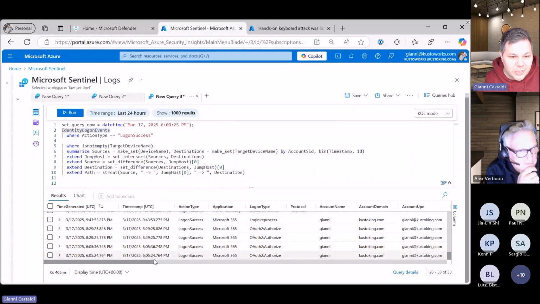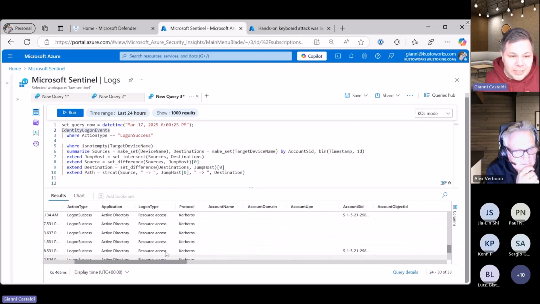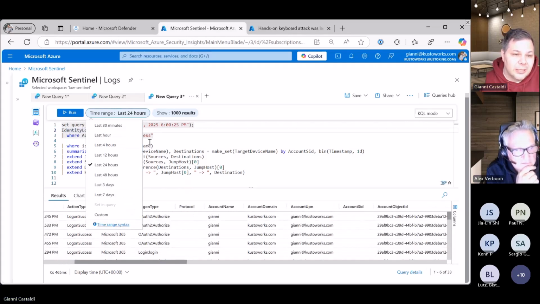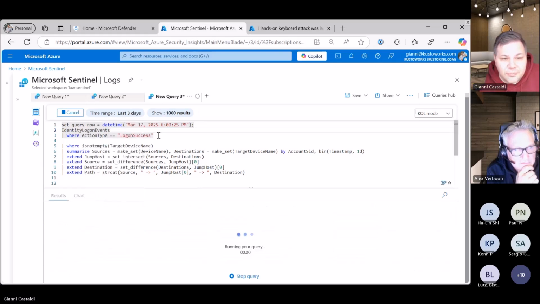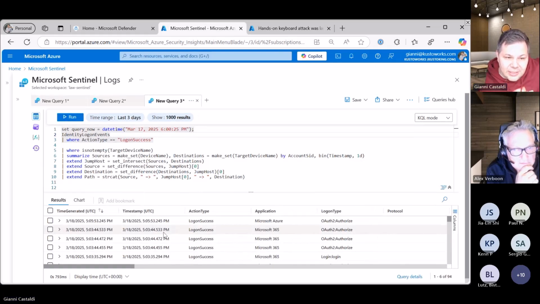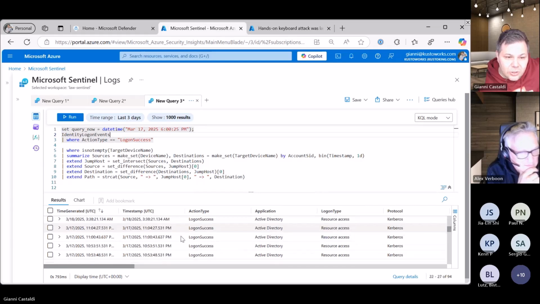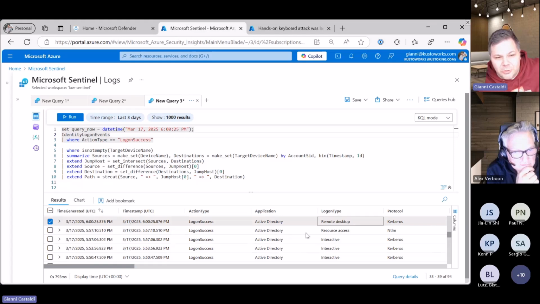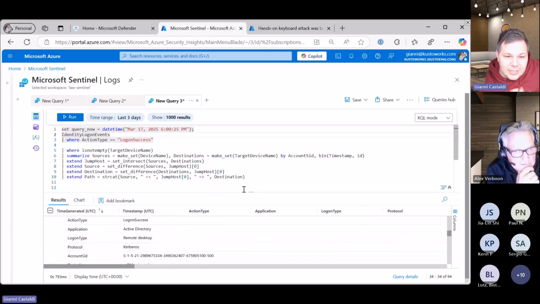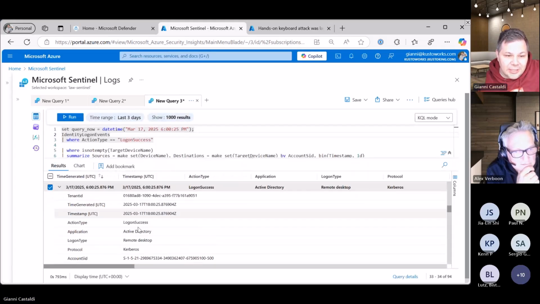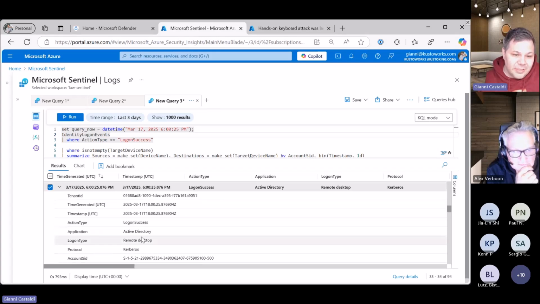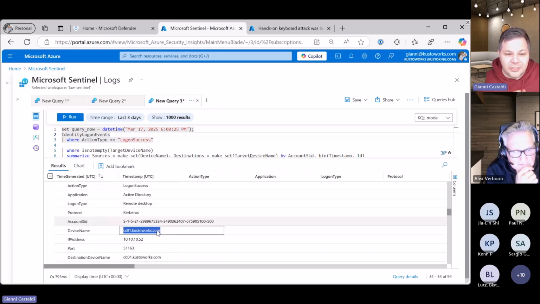Somewhere here there should be the RDP connection. This was one of them, and you can see that there's a connection made from the CS1 to the DC.